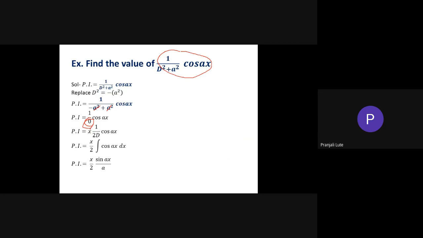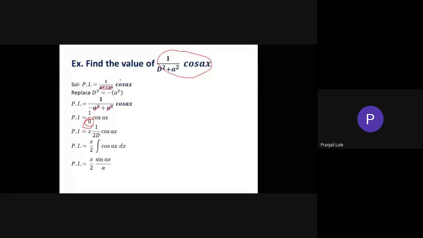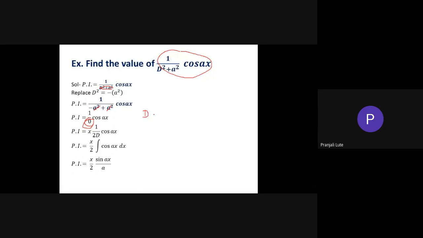At that time we write here multiply by x and take the derivative of the denominator with respect to D. So the derivative of D square is 2D, a square is 0, cos ax. So x by 2. What is the meaning of 1 upon D? Capital D means d/dx. D stands for derivative, and 1 upon D stands for integration.